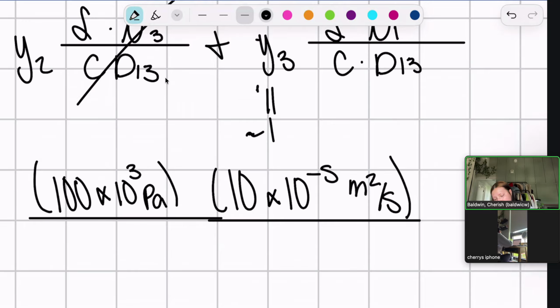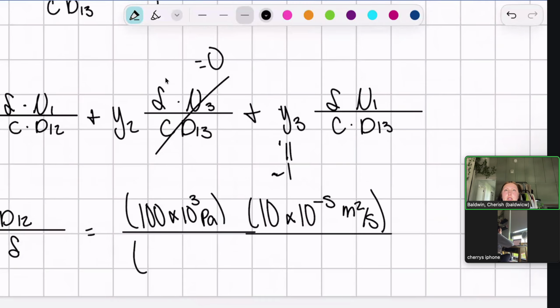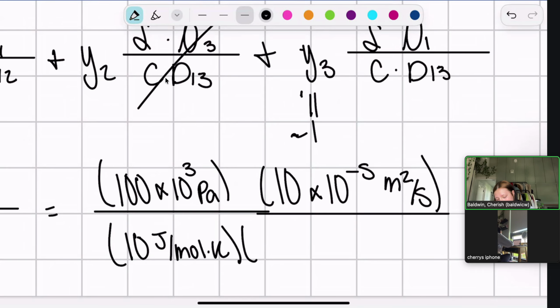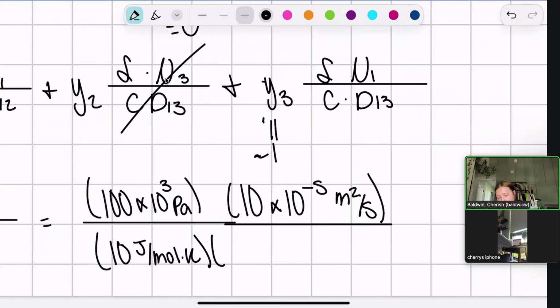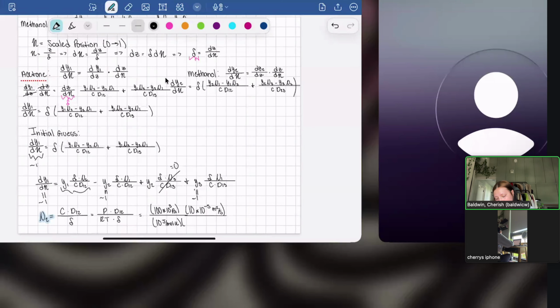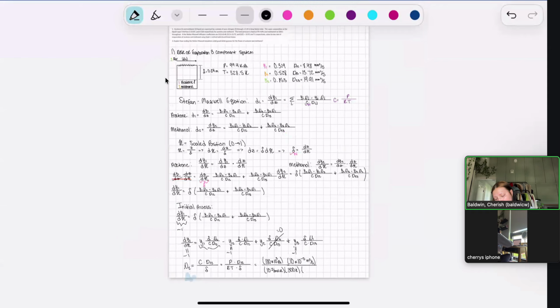And we know that R is 8.314. We're just gonna round that up to 10 joules per mole Kelvin. And then temperature, we're just gonna round that to 300. And we know that the length of the tube is 0.24 meters.